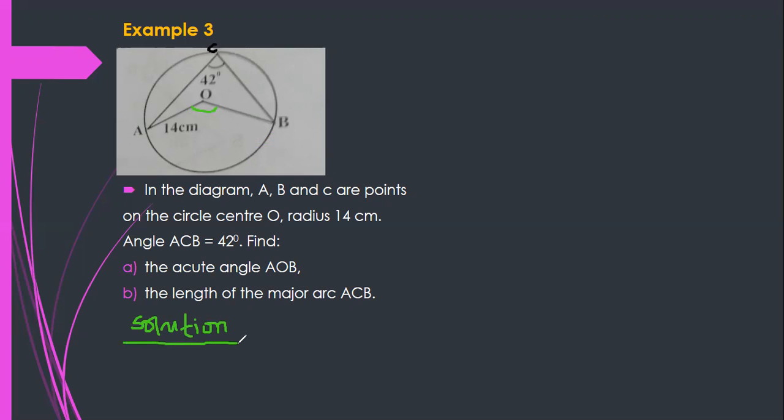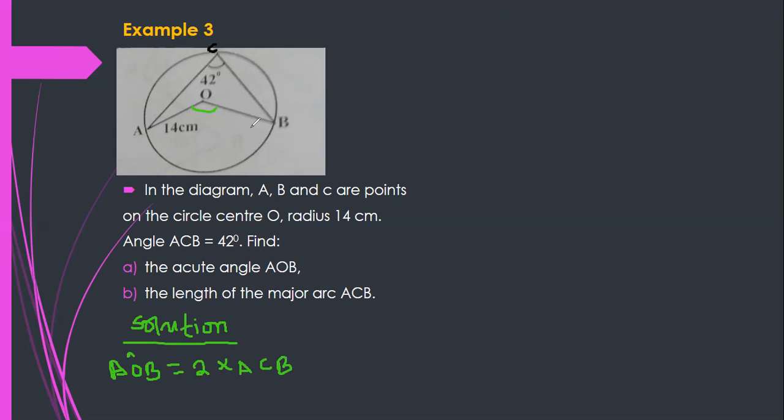So we say that the acute angle AOB is equal to 2 multiplied by ACB. Why?